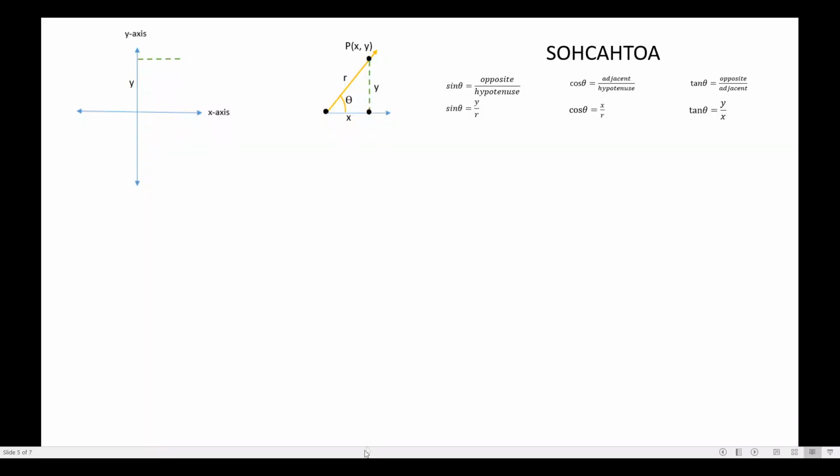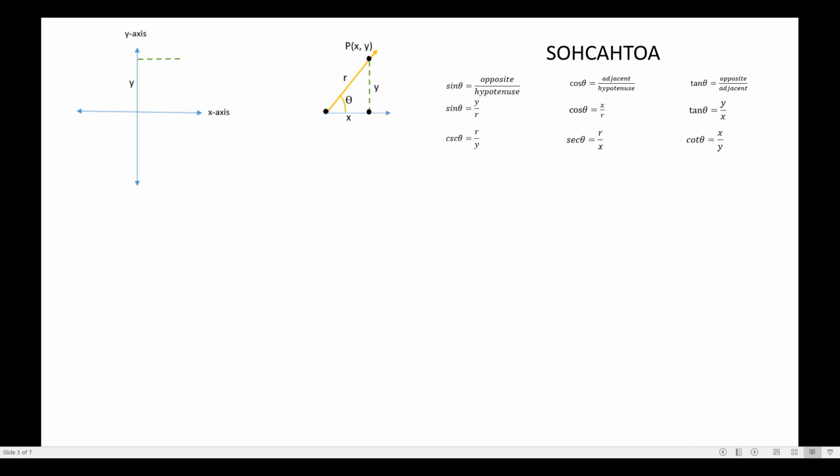From these three trigonometric ratios, we can now find the reciprocal functions. Okay, so we have the cosecant of theta, which is equal to r over y, the reciprocal of sine theta. We have the secant of theta, which is equal to r over x, the reciprocal of cosine, and the cotangent of theta, which is equal to x over y, that is the reciprocal of tangent theta.